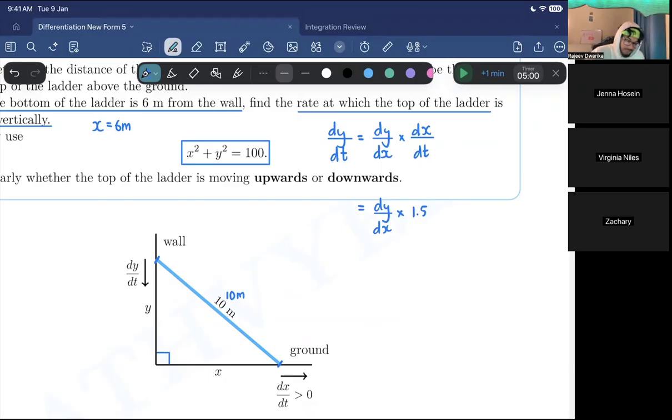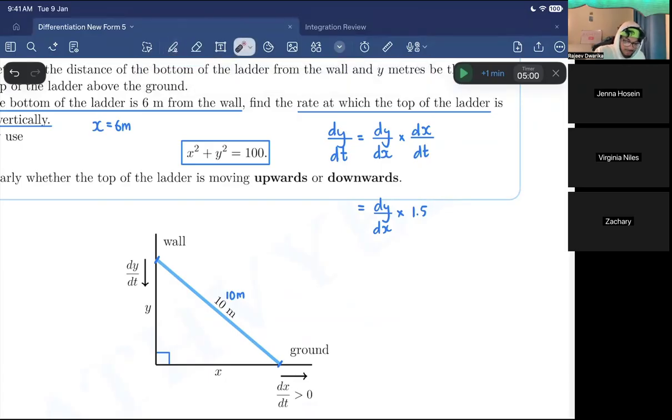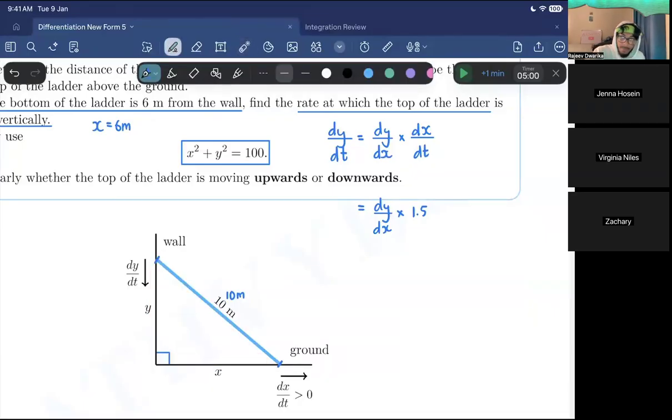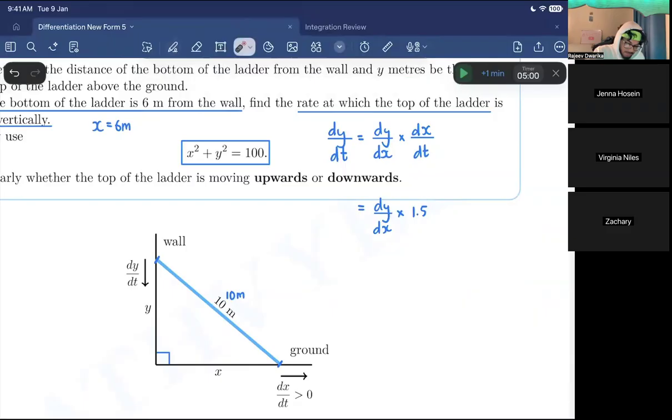But I want you to generalize that statement. No matter where this ladder is, do you understand that it must always be 10? Okay, and what kind of triangle does it form?